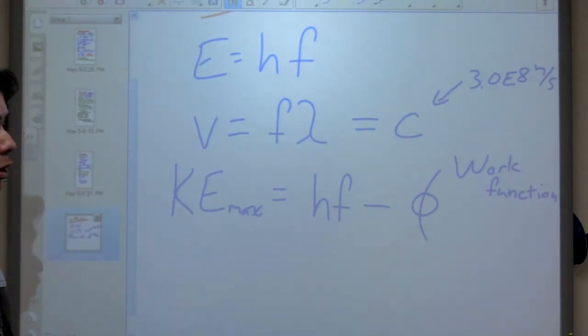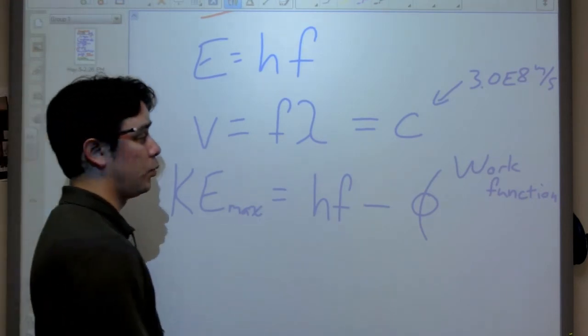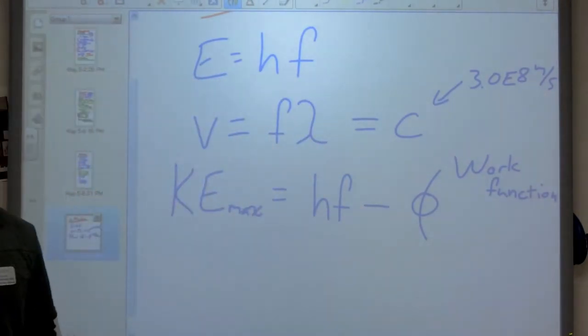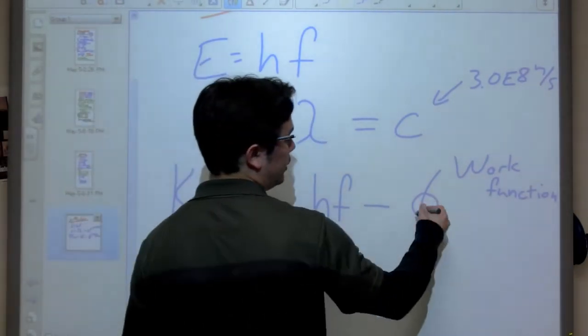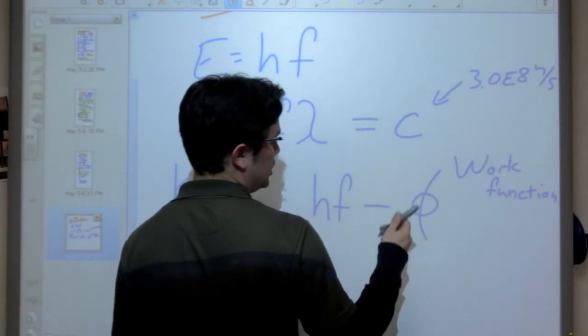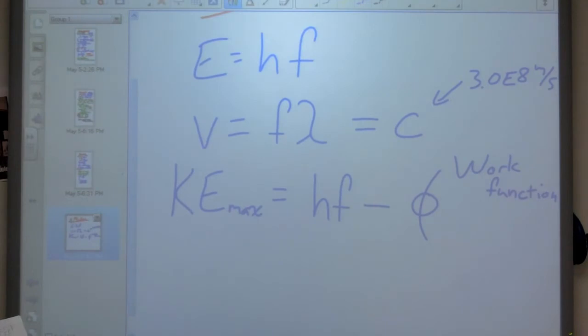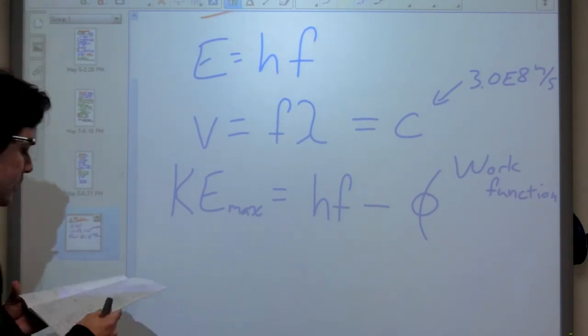You can either find the work function, which is the amount of energy you need to rip that electron off the atom, or they may give it to you. And when they do that, they'll say the work function is this, probably in electron volts. You need to know what to do with it. And if all you're thinking is that this is the ionization energy, that may not help you. But for the most part, they're effectively the same thing.